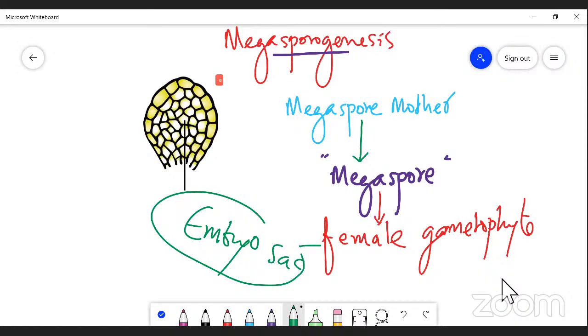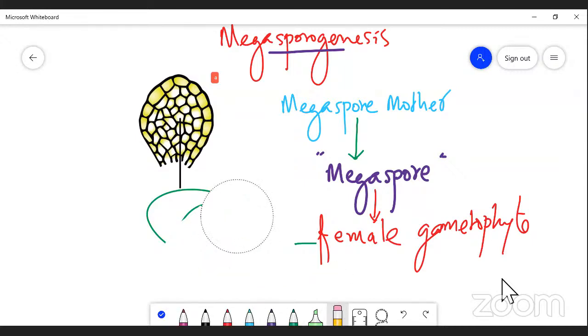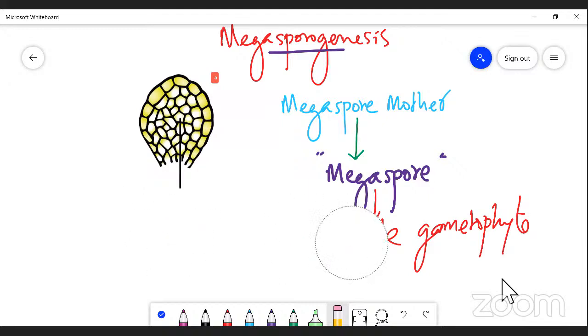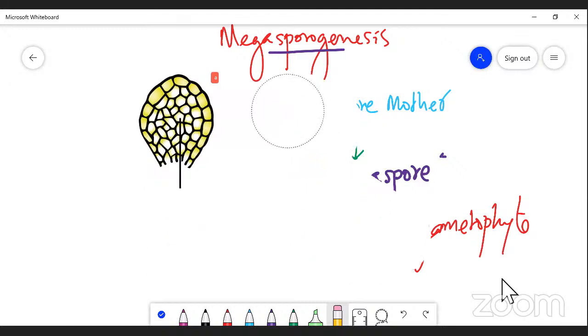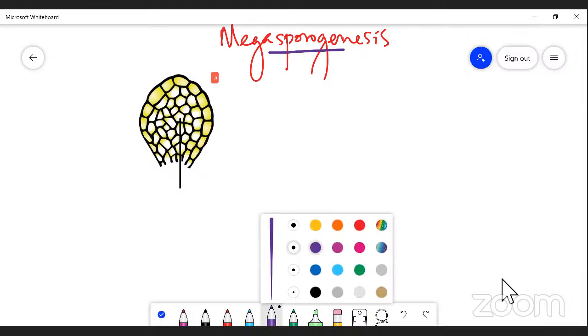Now it's time to discuss how this process takes place. There are several stages. The first stage is the archisporial cell.